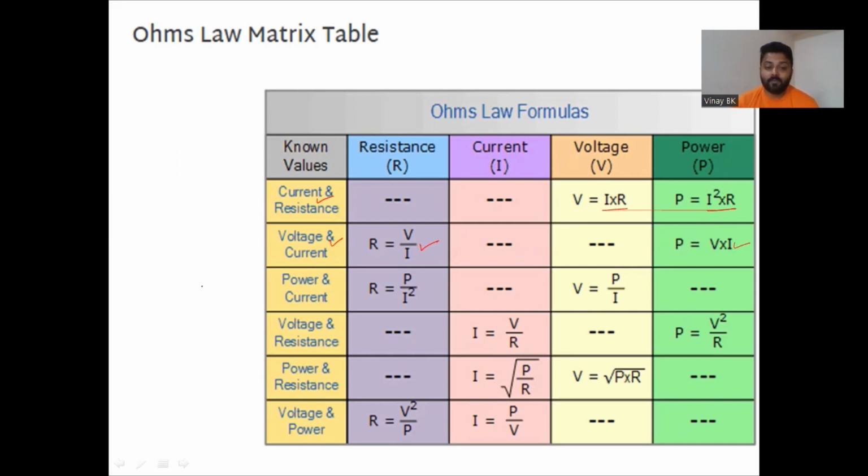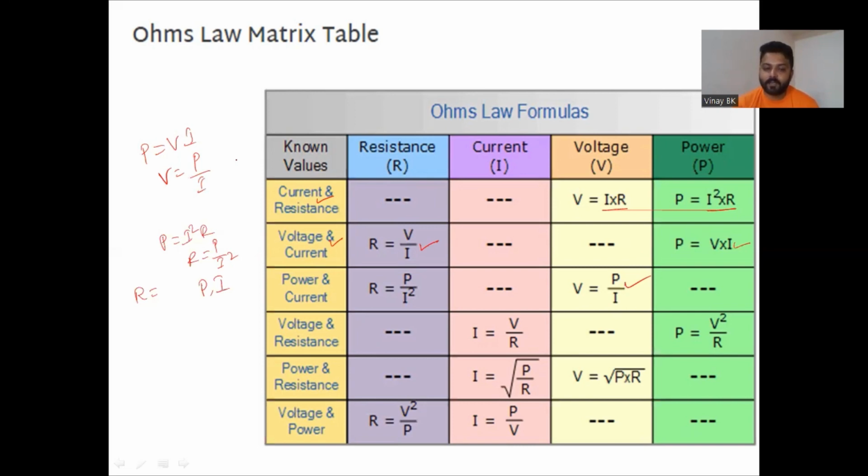Similarly, if you know the value of power and current, that is if you know P and I, you can calculate R with the help of power. You know that P equals I square into R, so you can calculate R equals P divided by I square. And also, you know that power is given by V into I, so you can also calculate voltage V equals P divided by I. Similarly, if you know the value of voltage and resistance, you can calculate current and power.